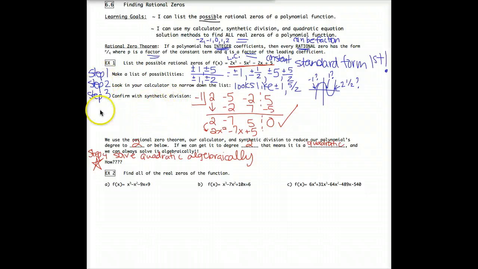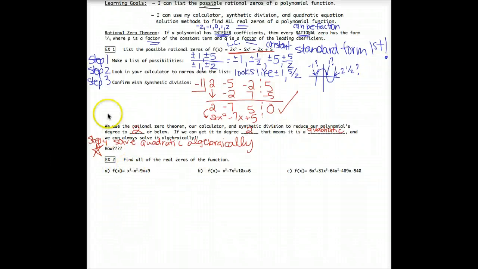Okay, so let's practice working through these steps to find all the real zeros of a function. On here, first, step 1, I'm going to make a list of the possibilities. The factors of 9 would be plus and minus 1, plus and minus 3, plus and minus 9. Those are the factors of the constant. The leading coefficient is 1, so its only factors are positive and negative 1.